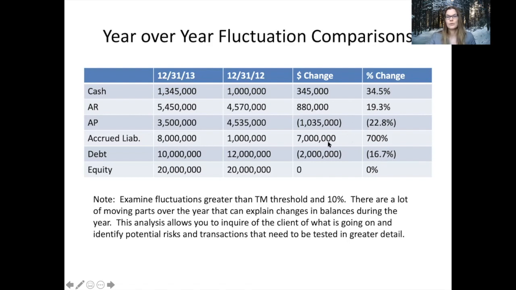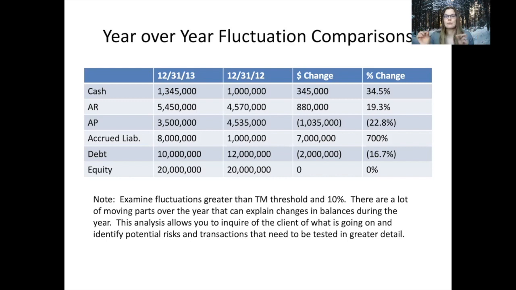Right? The reason why it's TM and 10% is you could have a really large account where it's moving by several $1 million, but in the grand scheme of things, it's only moved like 1% of its value. That we would not consider a big change. And part of the reason why is it's really tough.